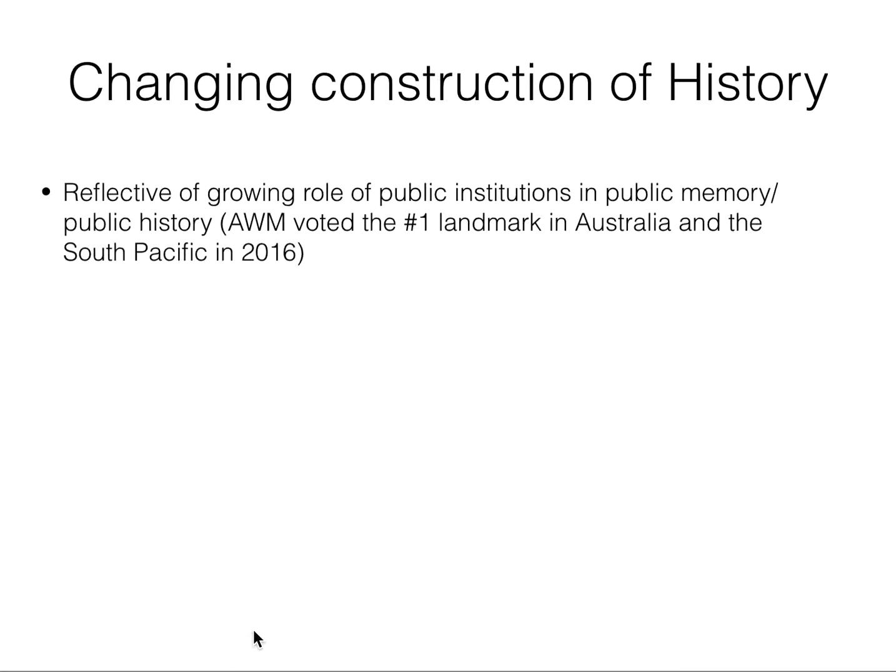So another major theme of history extension. Well, I think the general place of the War Memorial raises some interesting questions. One, I think it's reflective of a growing role of public institutions like museums in developing and shaping public memory and public history. So what's my evidence here for saying that? Well, it's interesting that it was voted the most important landmark in Australia and also in the South Pacific in 2016.